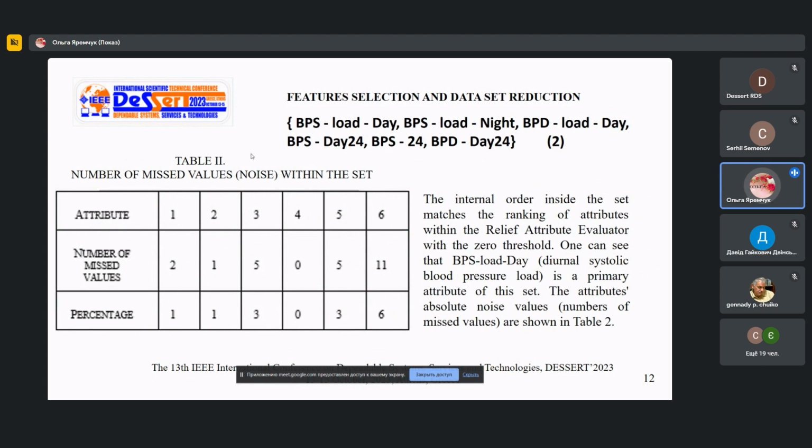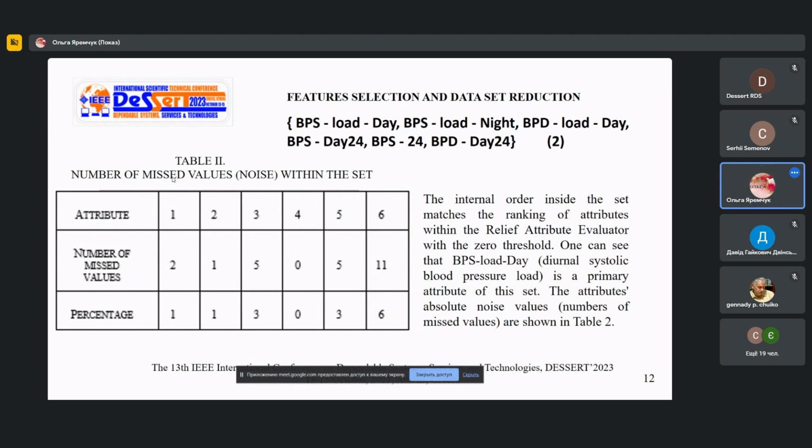On this slide, you can see feature selection and dataset reduction. The order inside the set matches the ranking of the attributes within the Relief attribute evaluator with 0 threshold.